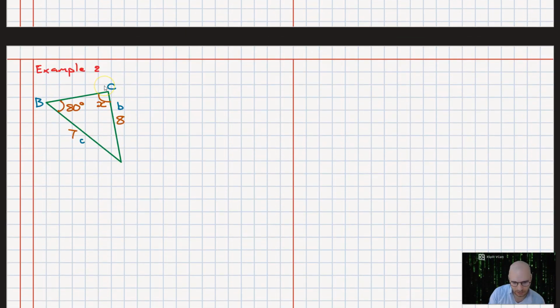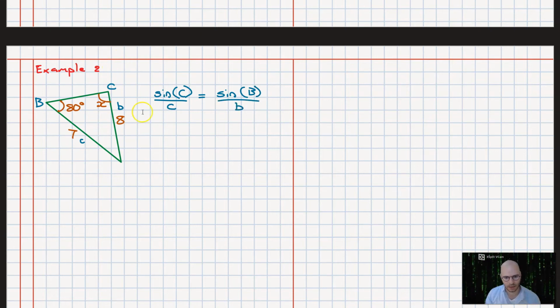Now, for us, we're going to go sine C over lowercase c is equal to sine B over lowercase b.